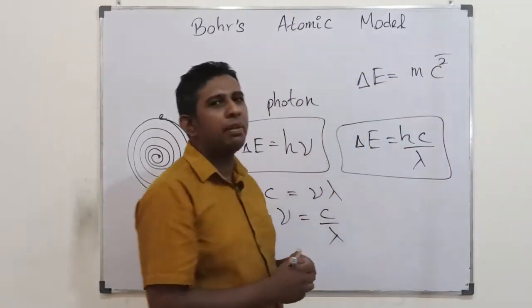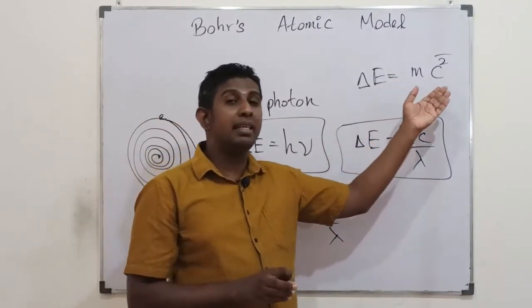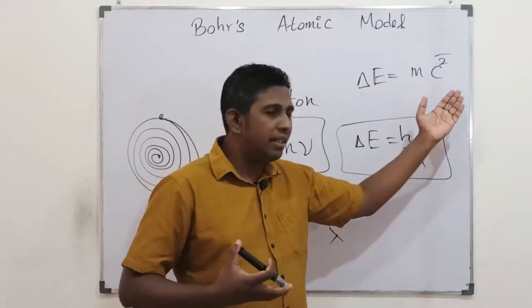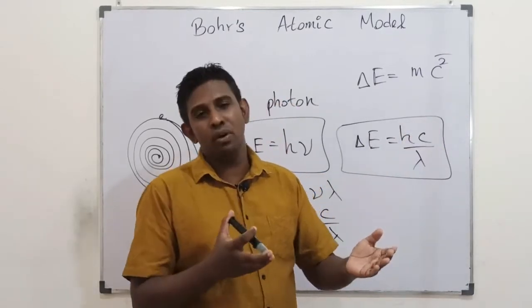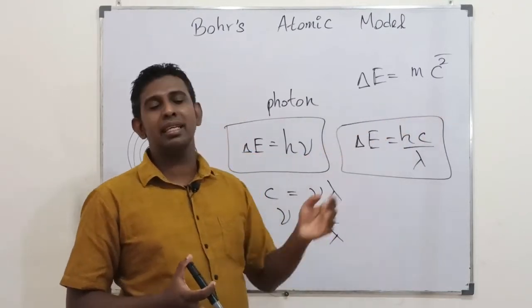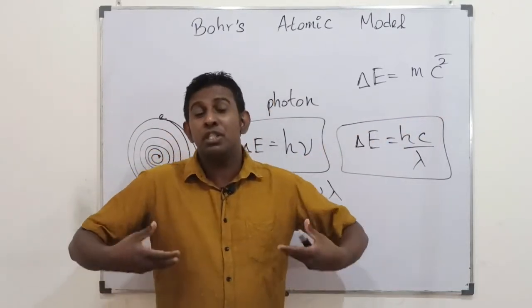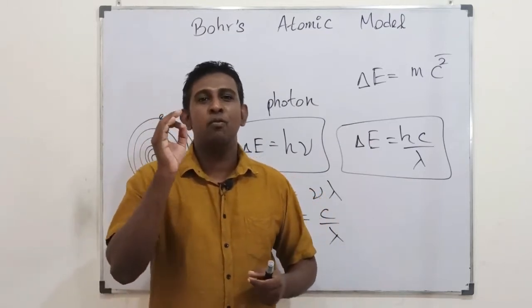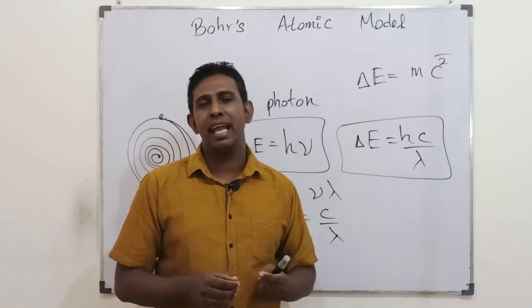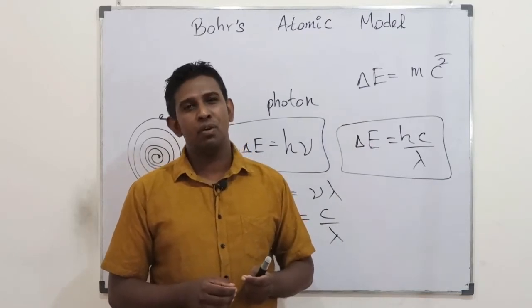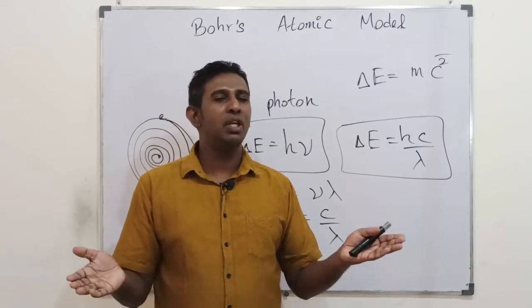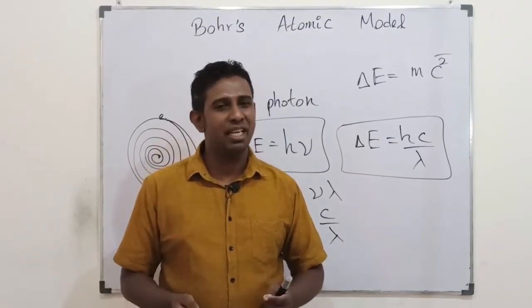If the energy particle is moving with velocity c, then taking the square of that and multiplying by the mass, you get the energy that represents the photon. In another sense, it explains that you could transform mass into energy and energy into mass. That's what we call Einstein's equation.